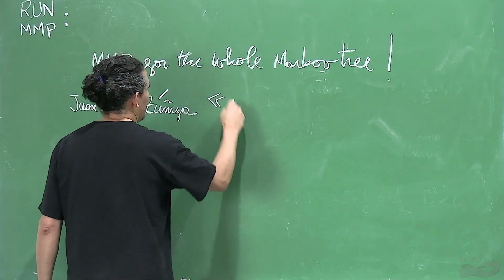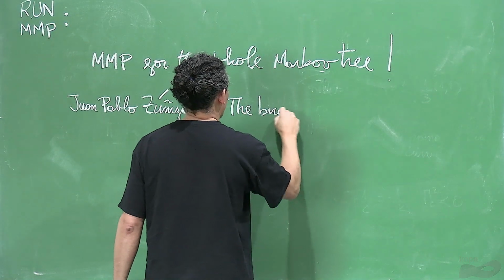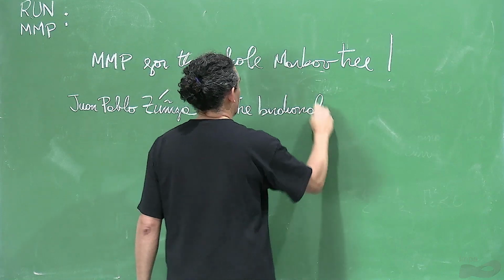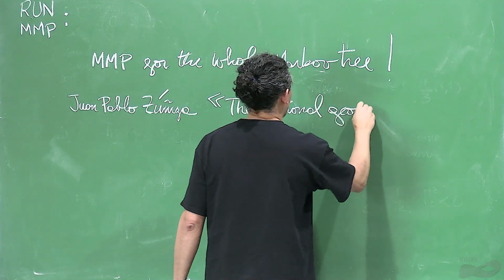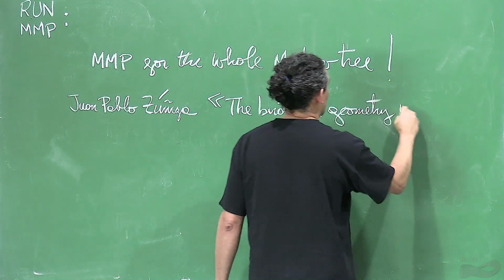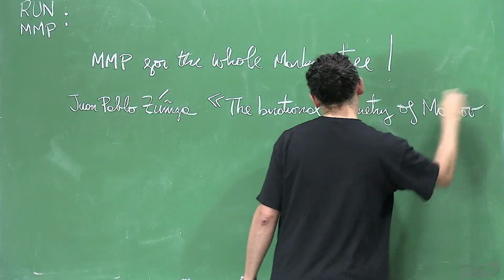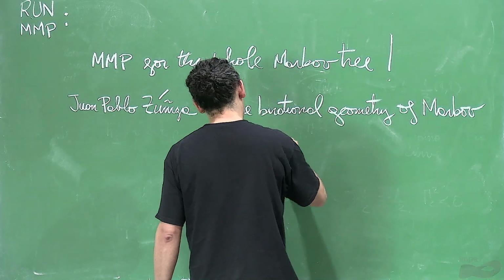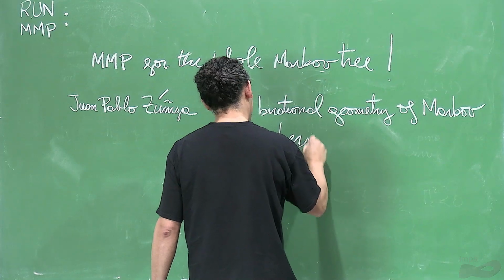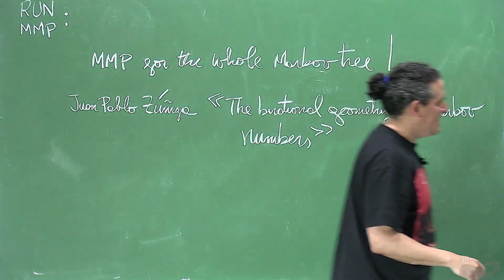This is the birational geometry of Markov numbers. And for example, this is something that I like a lot.